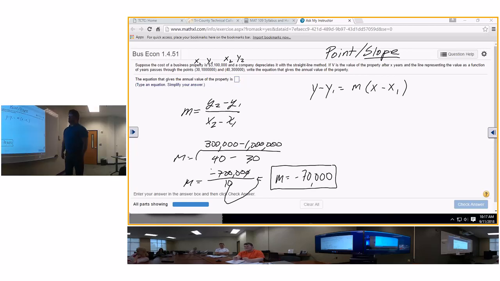Now I've got a slope. I'm going to pick a point. It's the lesser of two evils; you're going to have to deal with big numbers.